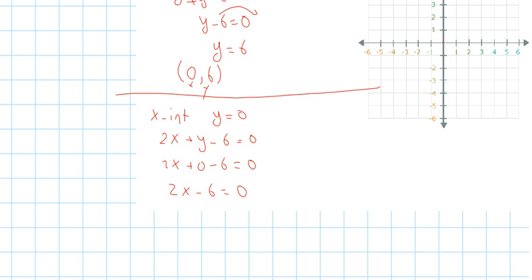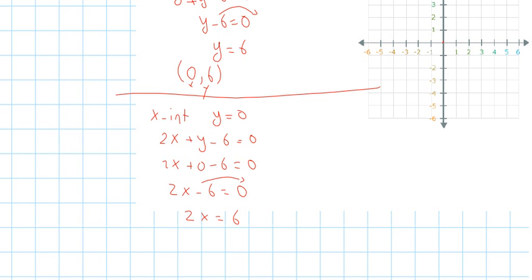What's happening between the 2 and the x? Multiply. So right now you have 2 times x. If you are multiplying, what's the opposite of multiplying? Division. So to get rid of that 2, you're going to have to divide by 2. So that gives you 3.